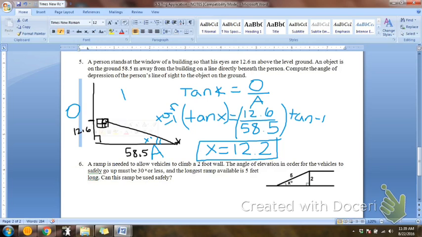That'd be degrees, so put your little circle behind your two. All right, 12.2. Anybody else get 12.2? And this is degrees, right?